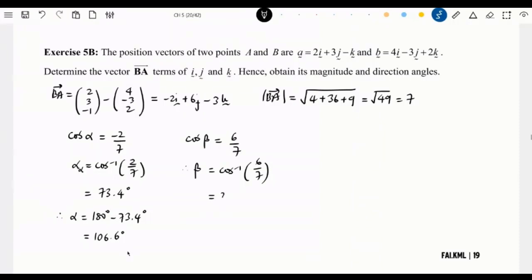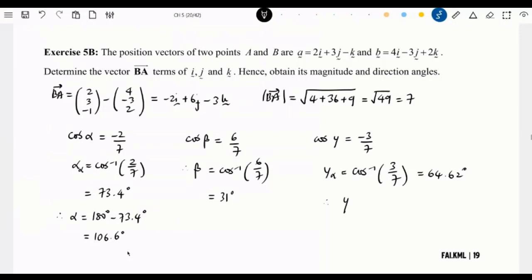31 degree. Okay. And then cos gamma, which is negative 3 over 7. So we have it gamma acute, which is inverse cos of 3 over 7. Dapat berapa tu gamma? 64.62. Good.